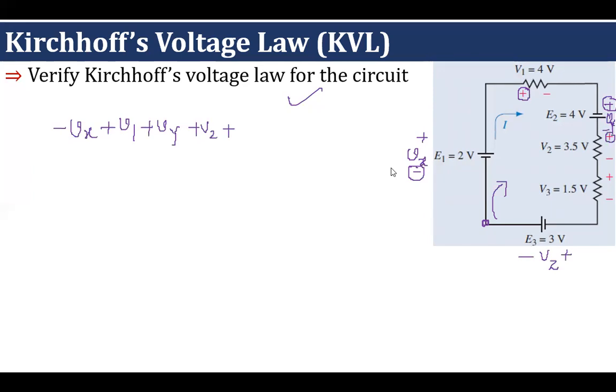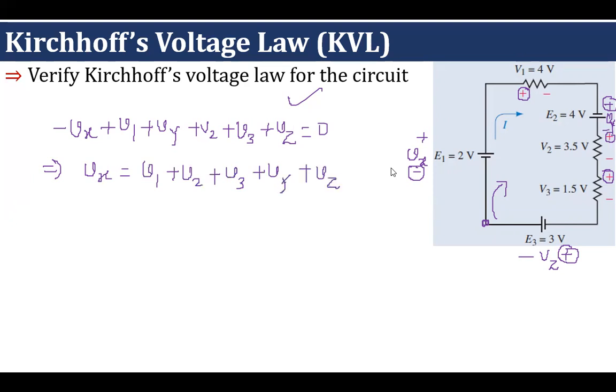Sorry, this plus sign I have given because again we have a plus sign over here, and this is plus V3, and here also I am able to see a plus sign, so plus Vz is equal to 0. Okay, so I can write Vx equal to V1 plus V2 plus V3 plus Vy plus Vz.